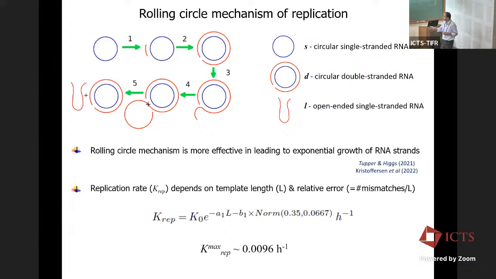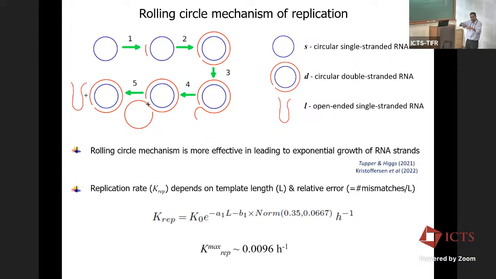And the rolling circle mechanism assumes that there's a circular template here. A primer is attached to any portion of the template, and that gets extended, and eventually the strand which was getting extended can displace the strand at the other end and create this hanging portion. And eventually that hanging portion gets chopped off and creates an open-ended single-stranded RNA molecule.